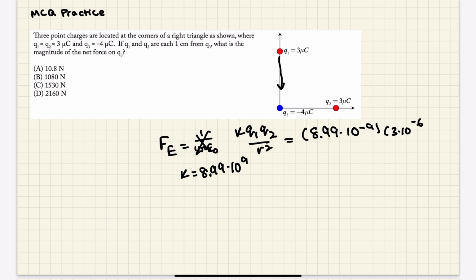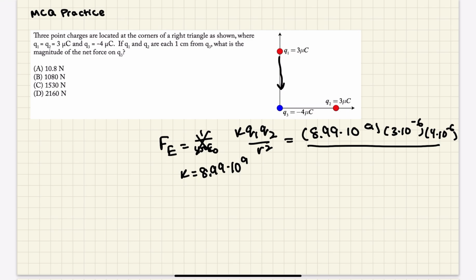Oh, and this should actually be a positive 9, because while epsilon naught has a negative exponent, k is 1 over epsilon naught, which means it has a positive exponent. So micro is 10 to the power of negative 6. So we multiply that by that. And then this is negative 4. You just use the absolute value of the charge, because the positive or negative you can find using direction. You know this is going to be attraction because they're opposite charges. And so this is over r squared.